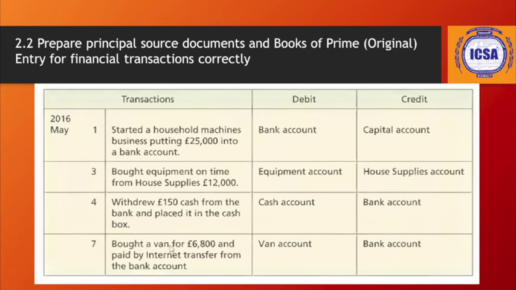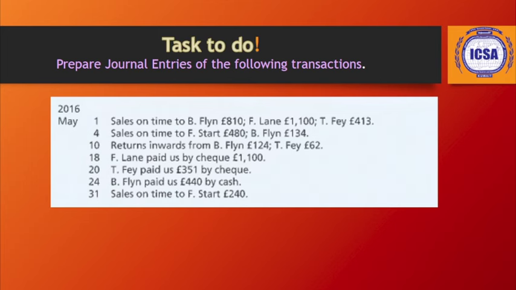Like here, van is the asset, it is purchased for 6800 and paid by internet transfer from the bank account. So the asset of van has increased, debit, and the amount has been paid from bank. So the bank account has decreased, that's why it is credit. So van debit and bank account credit. I hope these transactions are clear so far, how entries are recorded from both aspects, debit and credit.